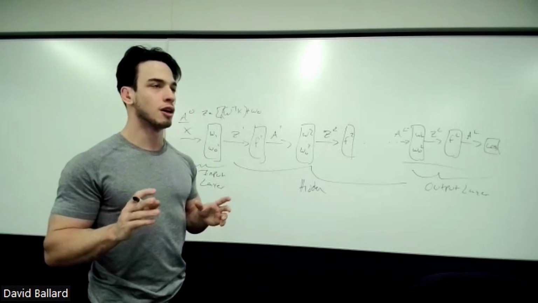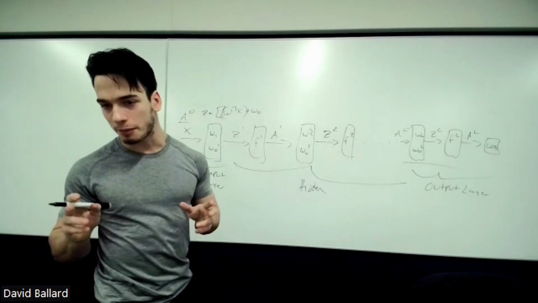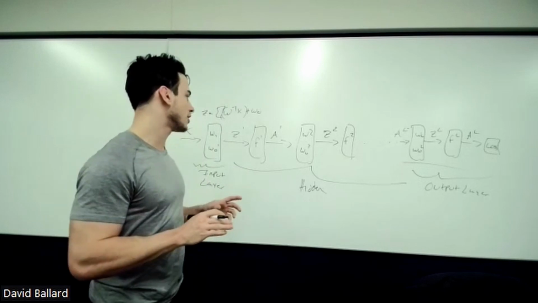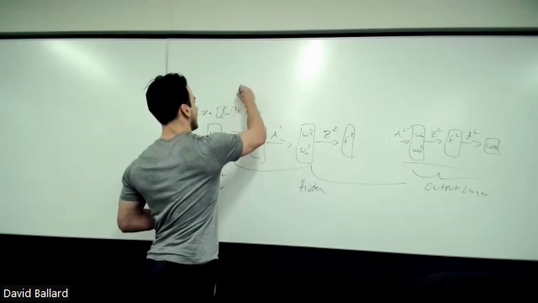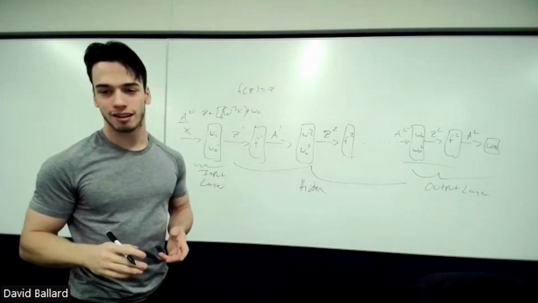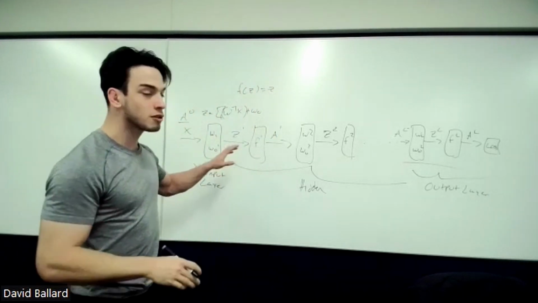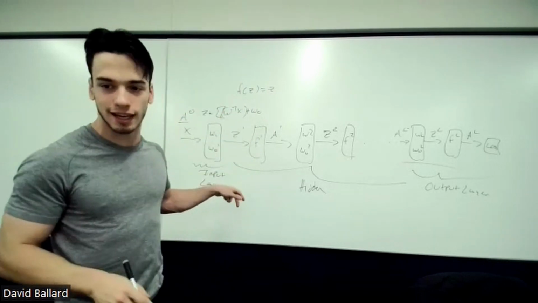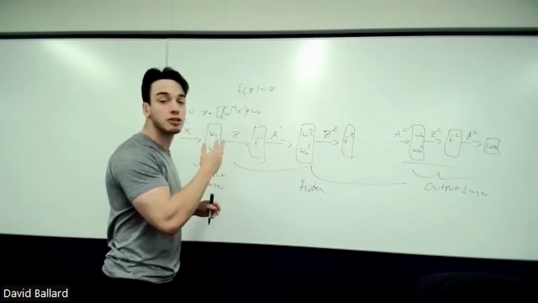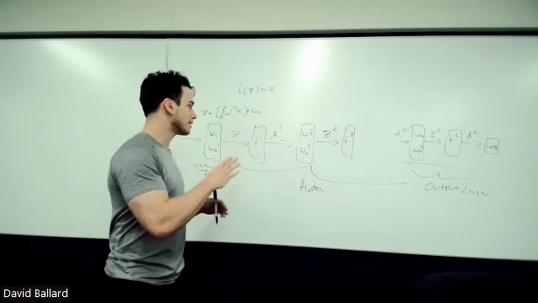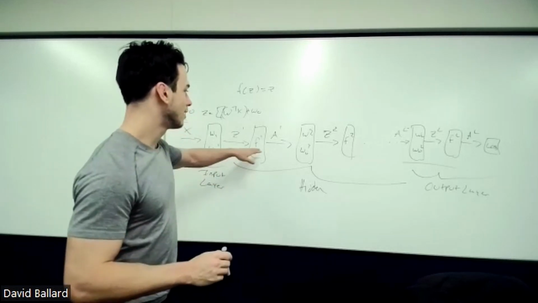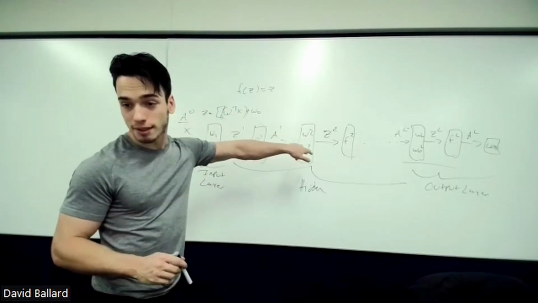For now, we're going to see what happens when F is the identity function. So F of Z is equal to Z. You don't do anything. It does something, but it's just linear, so it's just going to output Z. And then that's going to go into the second layer.